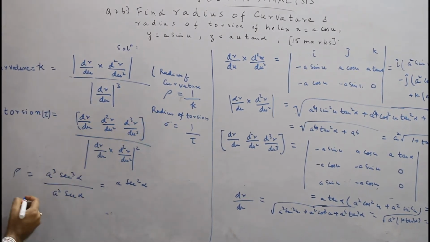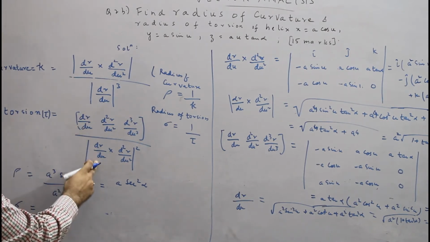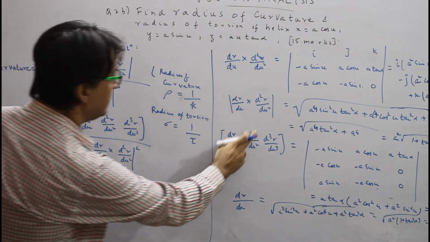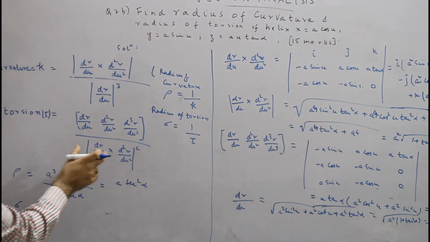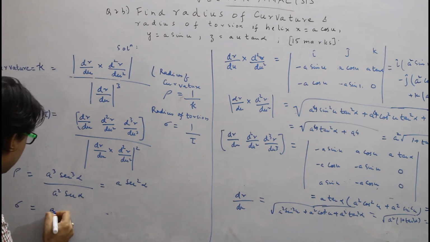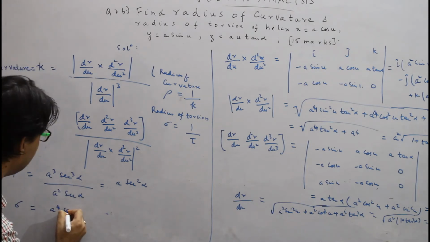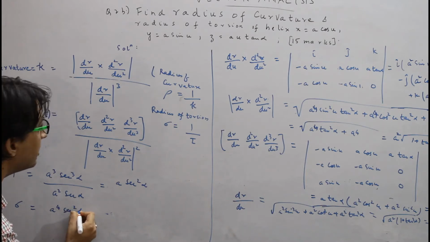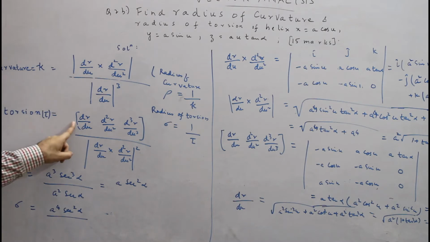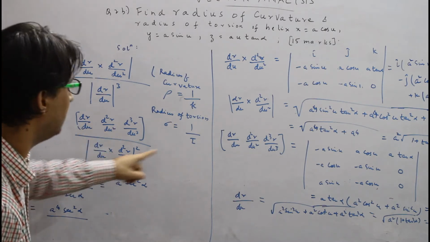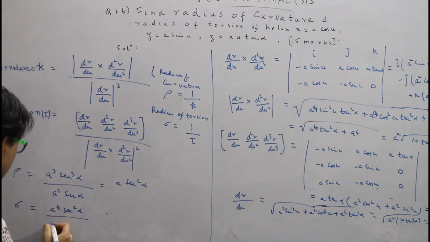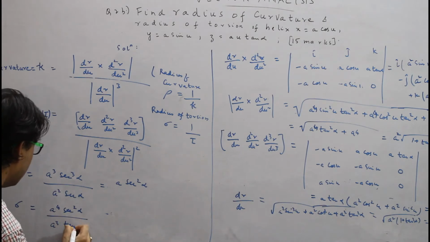Now I am going to find the radius of torsion. This is the reciprocal of torsion itself. So I will just invert this. What is dr by du into d square r? I can take this value from here and we have to square it. So when I square it, it becomes a to the power 4 sec square alpha divided by this term, which is a cube tan alpha.